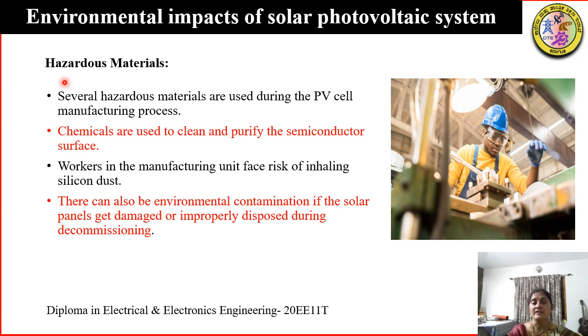Moreover, whenever the panels are getting installed, they may get damaged, or after the useful life of a PV panel, which is about 30 to 40 years, they need to be properly disposed of. That is called decommissioning. If there is improper disposal during decommissioning, there can be an effect on the environment.